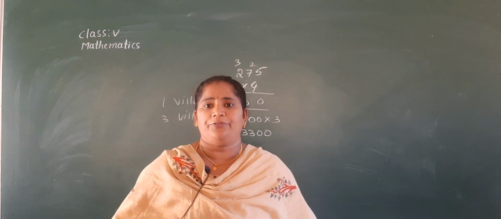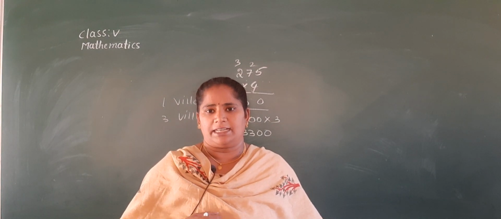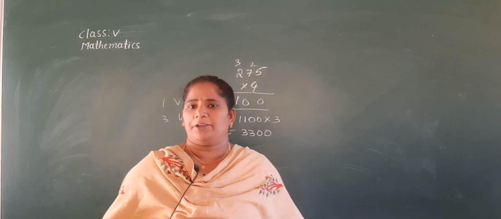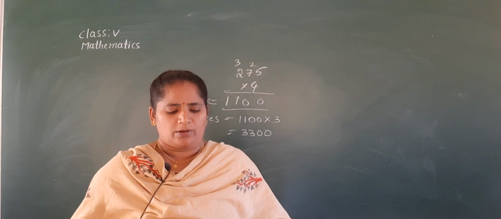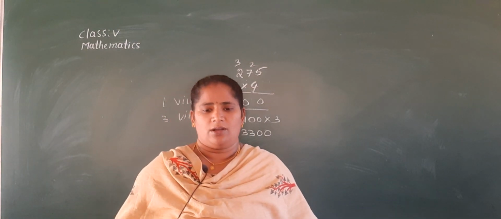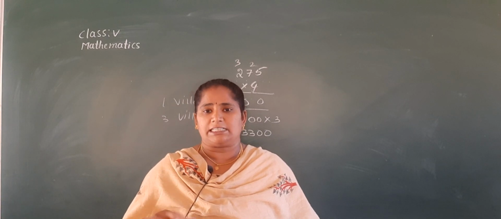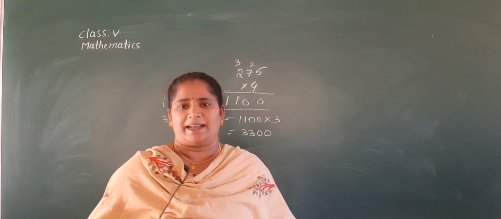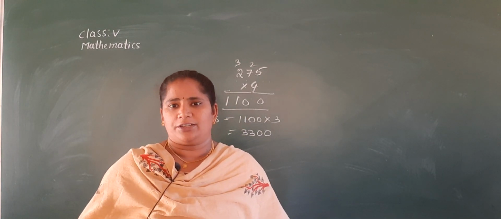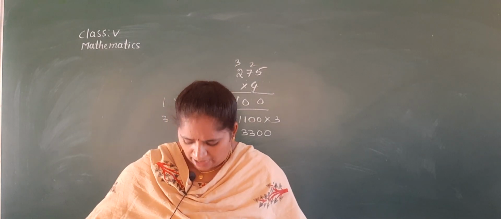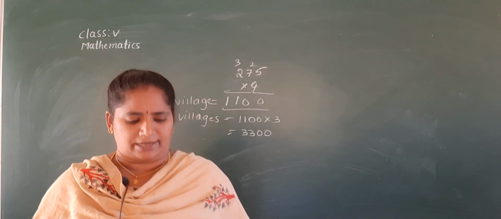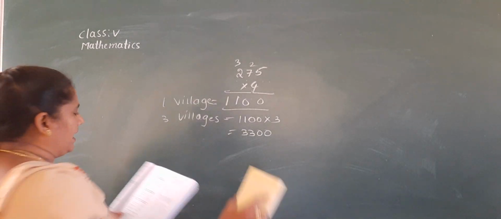Seema bought 4 books, so you have to multiply 135 rupees by 4. Seema bought pens also. Each pen costs 24 rupees and she bought 6 pens. Then how much amount was spent on pens? 24 into 6. After that we have to add both amounts. And the fifth one, Sunil.